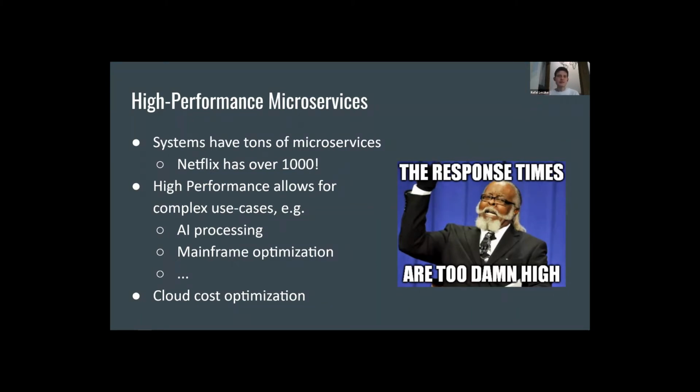But also the second thing is that if we speed up our services, it allows us more complex use cases. We can now apply use cases that were before not feasible in microservice architecture, like AI processing, mind framework optimization.